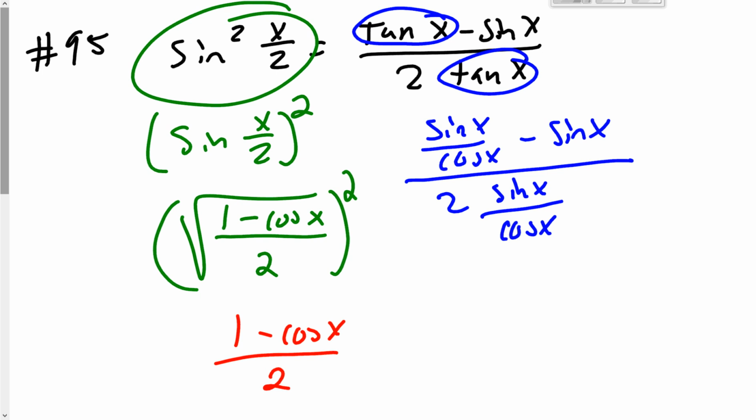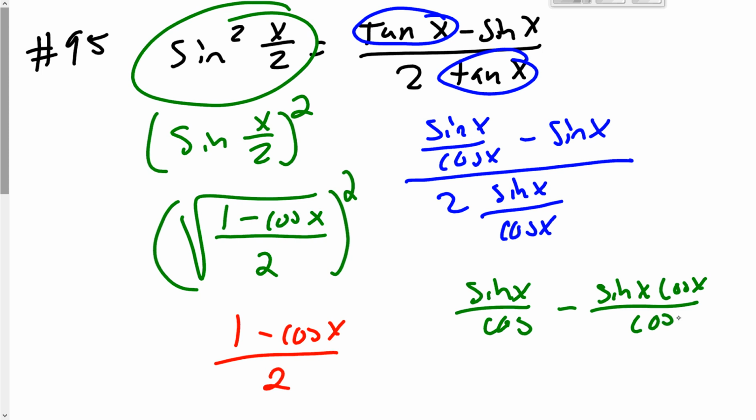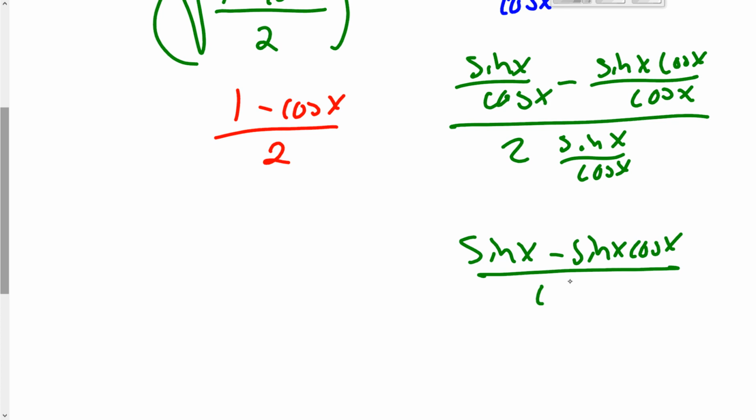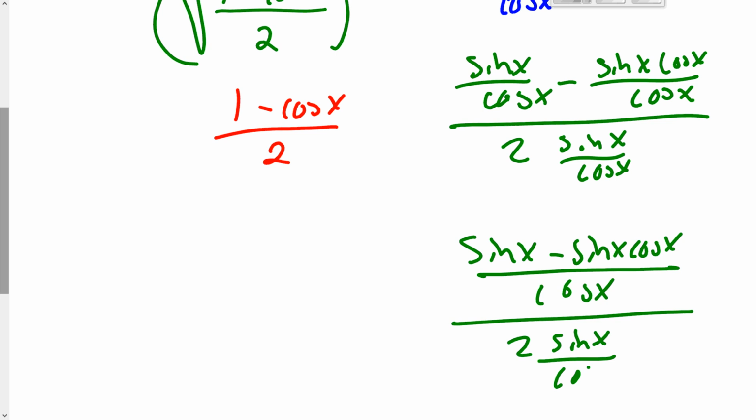Or we could deal with the fraction on top: rewrite it as sine of x over cosine of x and get a common denominator. That'd be sine of x times cosine of x, all over cosine of x. I multiply top and bottom by cosine of x to get a common denominator. And that's over 2 sine of x over cosine of x. Now we can add those numerators, so we get sine of x minus sine of x cosine of x, all over cosine of x, divided by 2 times sine of x over cosine of x.